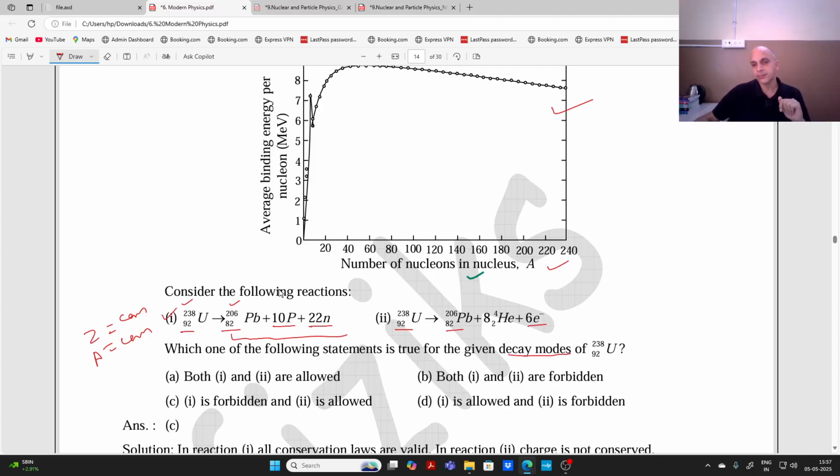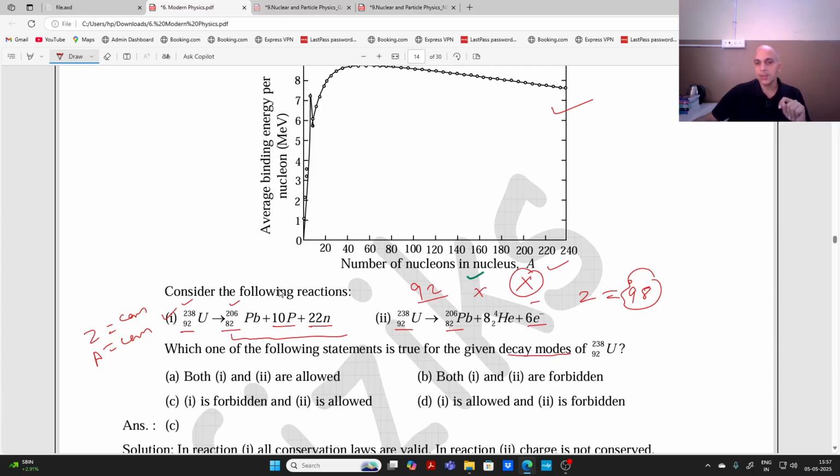Now come here: 92 on this side, and here we have 82 plus 8 into 2, since there are 8 alpha particles, so 8 into 2 is 16. So Z is 82 plus 16, 98. And here we have 92, so it is not conserved. Don't consider electrons because electrons don't belong to the nucleus, so the number of protons is not conserved.